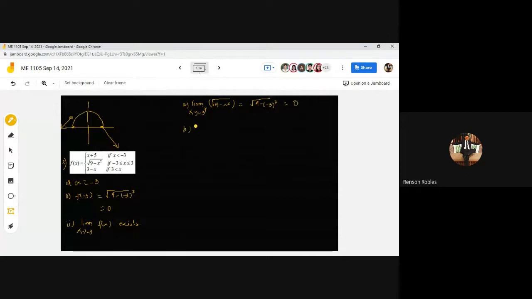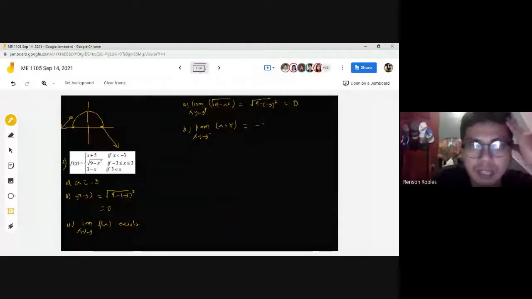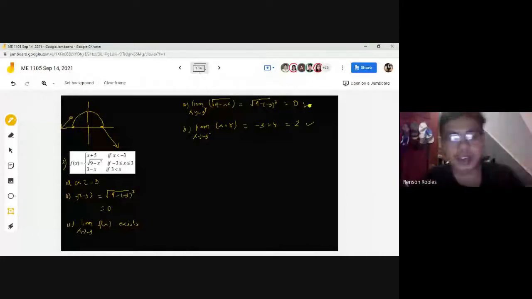Letter B, the limit as x approaches -3 from the left. If you're coming from the left, you use x plus 5. That will give you -3 plus 5, and this is equal to 2. This also exists, but they are not equal. So therefore, you may stop here.